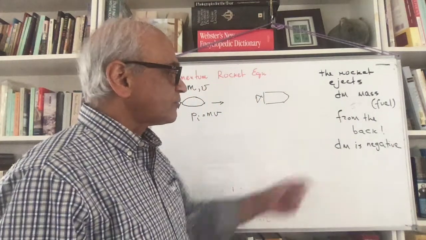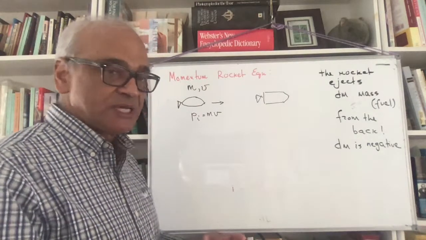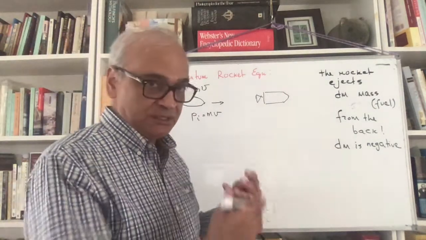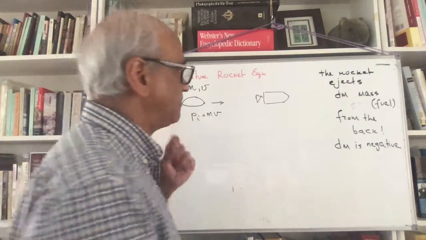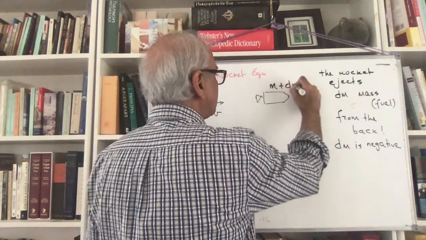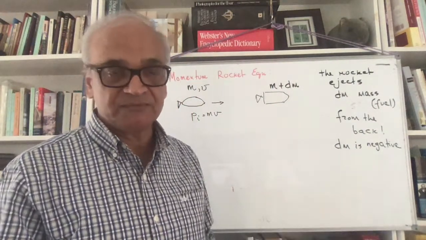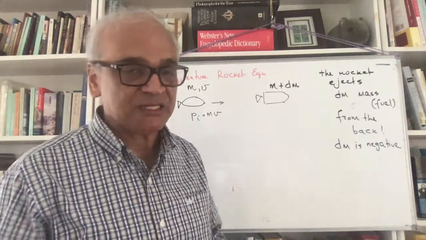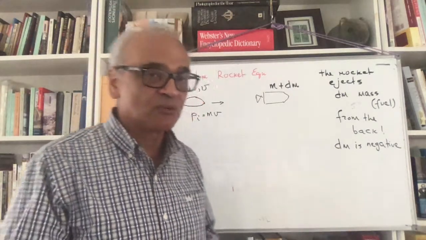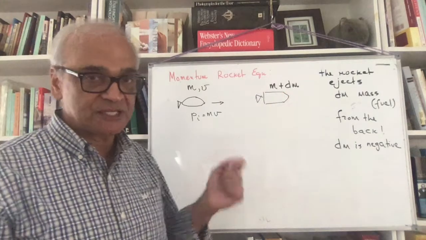Once it ejects dm, what is left over is, of course, you have to subtract the dm off from the main mass. But because dm itself is negative, what the rocket now has is m plus dm. Let's say it's minus 10 kilograms or 100 kilograms, whatever it is. Because it's minus, you just put that plus sign in there. That's really important.